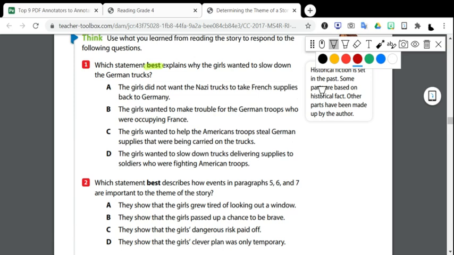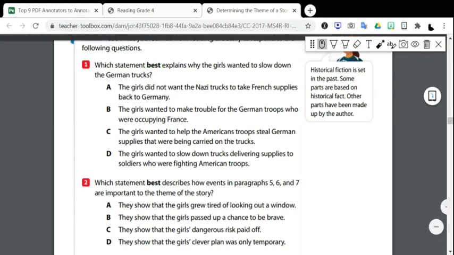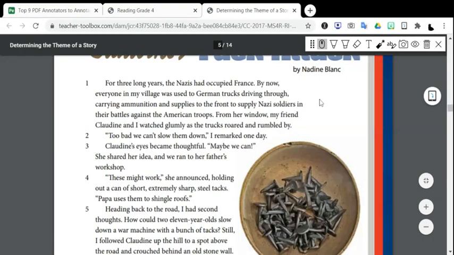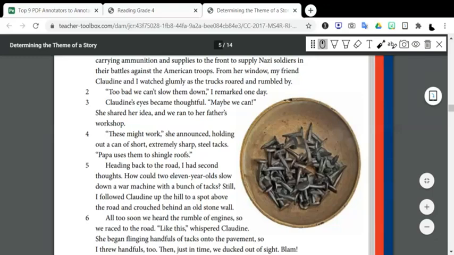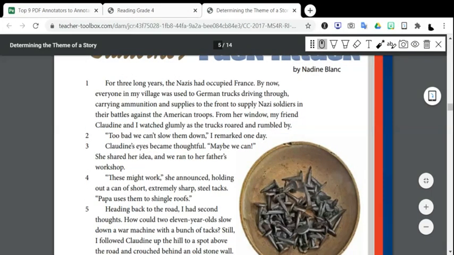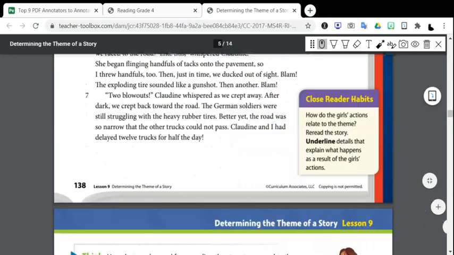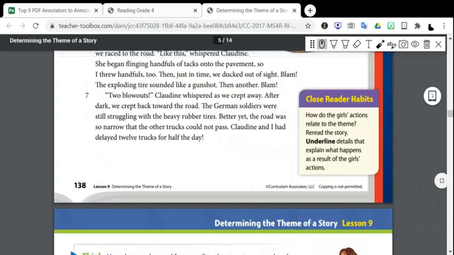But some of these answer choices that are given to you are so close, but they're not completely true. So you have to verify by going back to the story and confirm that the statements are true. D, the girls wanted to slow down the trucks delivering supplies to soldiers who were fighting American troops. All right, so make your choice. I'll wait just a minute for you.